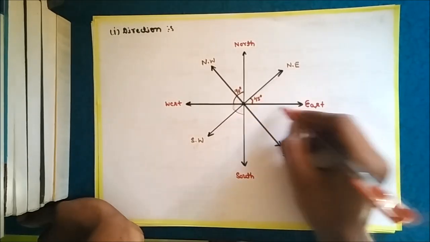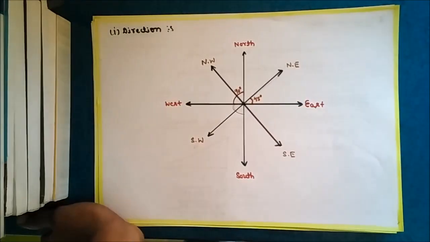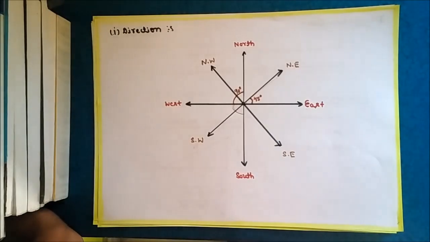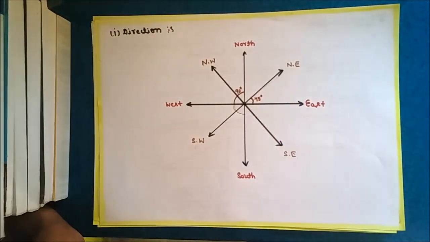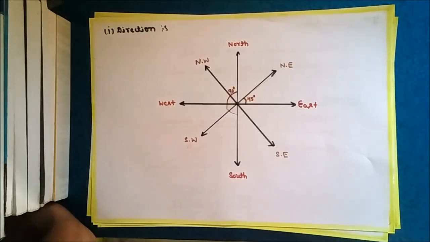This gap is filled up with 45 degrees. Sometimes questions may ask in degrees, not always in a direction. That's why you should also know these things. That's it, and this is the main basic approach we know in directions problems.